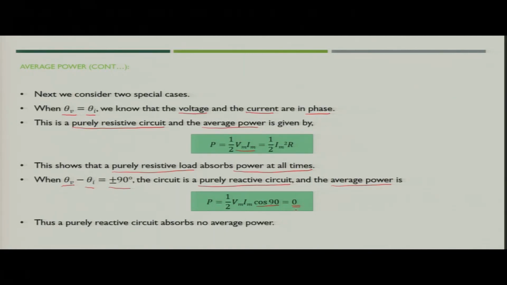So, average power will be 0. In a purely reactive circuit, the circuit will not absorb any average power. So, these are the two important boundary conditions for this average power calculation: one for purely resistive and the second for purely reactive.